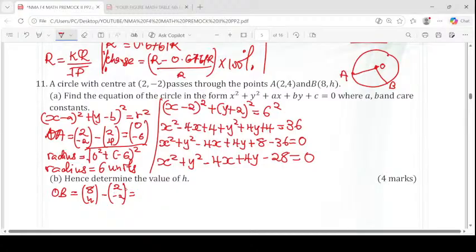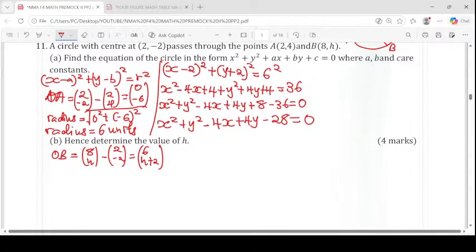So this will be 8 minus 2, this is 6. h minus negative 2, that is h plus 2. That is OB. Then after that, allow me to get the magnitude of OB.